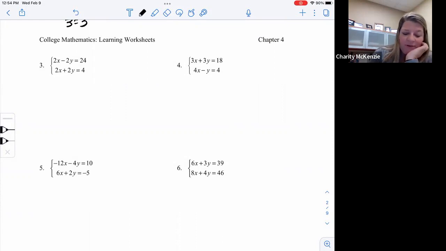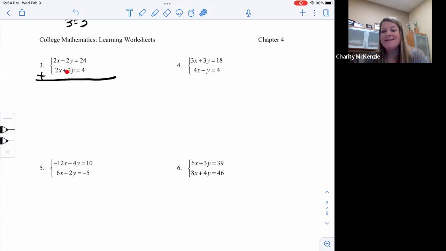If we look at this first problem right here, if I think of this as a huge addition problem, when I add straight down, does one of the letters eliminate? Look, 2x plus 2x is 4x. That does not go to 0. Negative 2y plus 2y, does that go to 0? Yes.